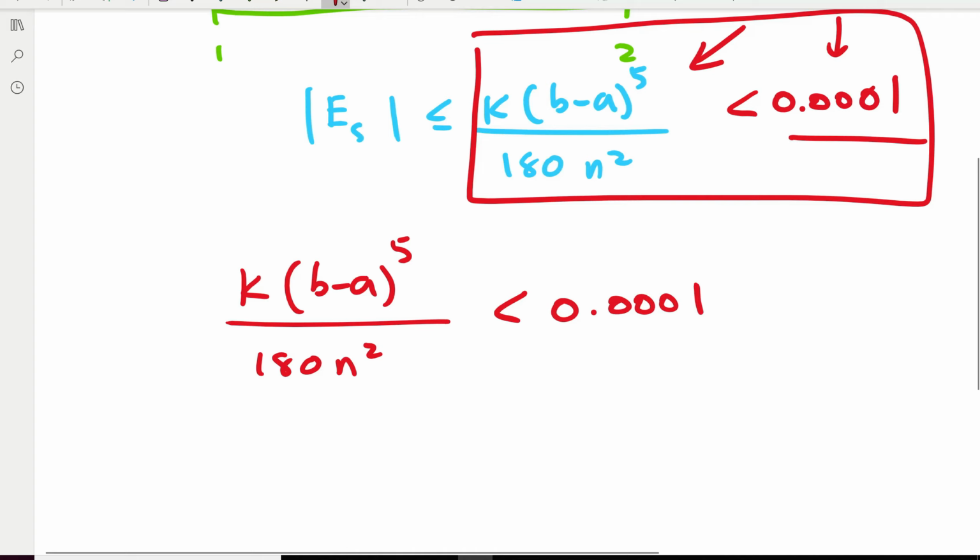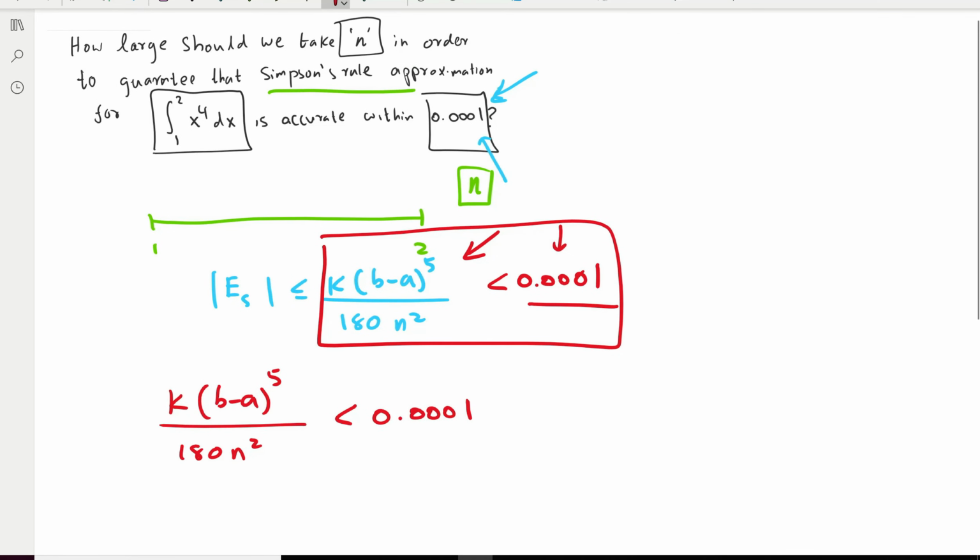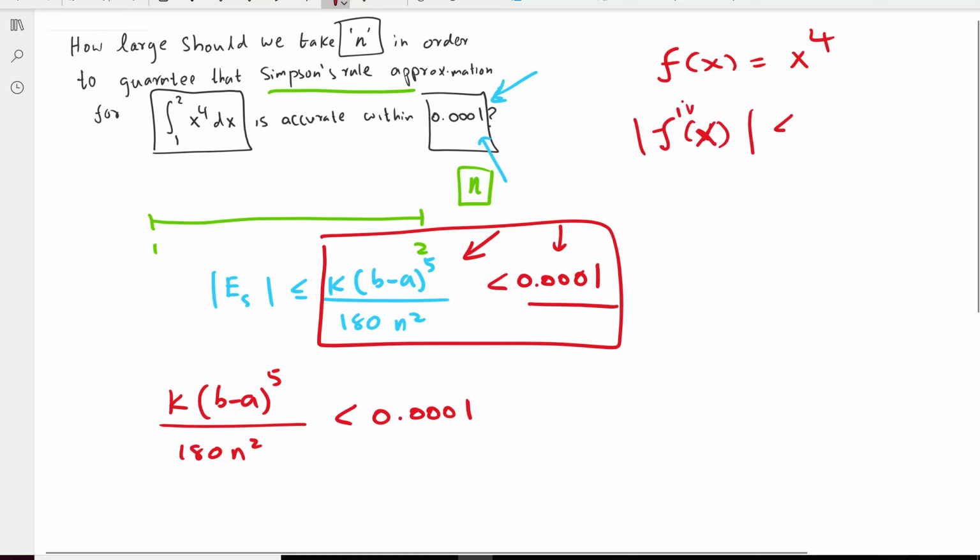Now K, b, a, we already know those, well, actually we have to find K, and we know how to find it. The function is x to the 4. For Simpson's rule, the definition for K is the bound for the absolute value of the fourth derivative of the function. So let's find the fourth derivative. The first derivative is 4x cubed.